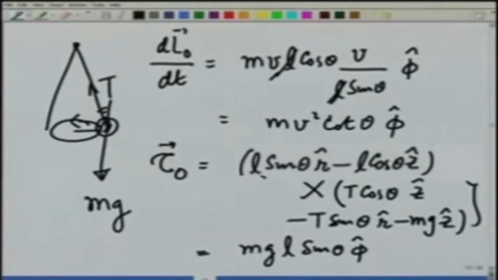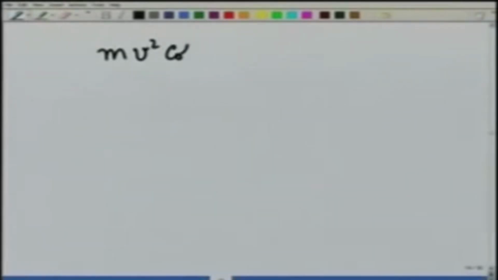So, what we learn now is that this quantity, which is dL/dt, and this quantity, which is torque about O, must be the same, and therefore, we get m v square cotangent theta is equal to m g L sine of theta, both in the phi direction.